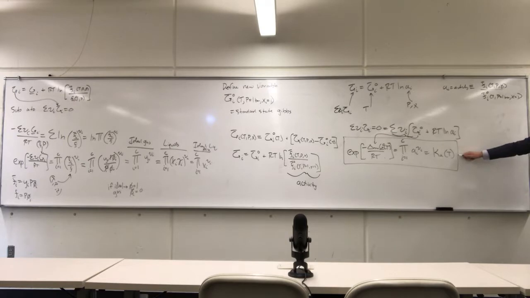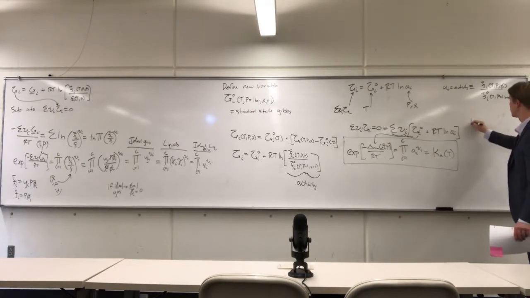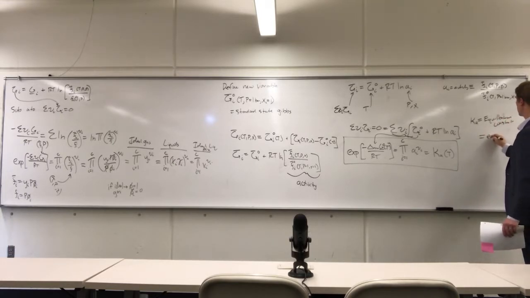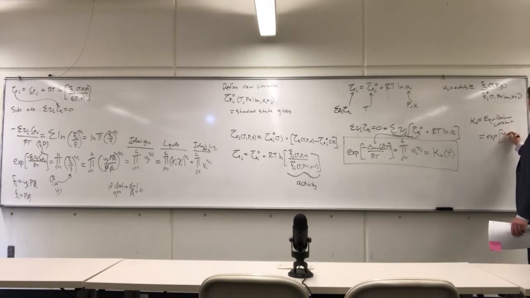This is the equilibrium constant for the reaction. Now, oftentimes you'll see this written as exp of minus delta G of reaction over RT.